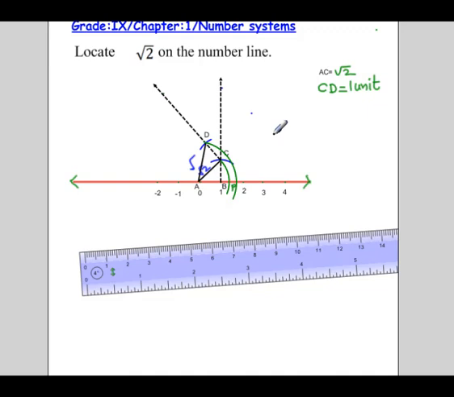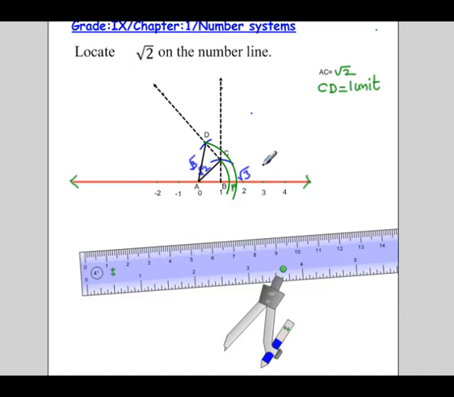You can take that point as Q. Now Q is the location of root 3. So in this way we can construct root 2, root 3 on the number line.